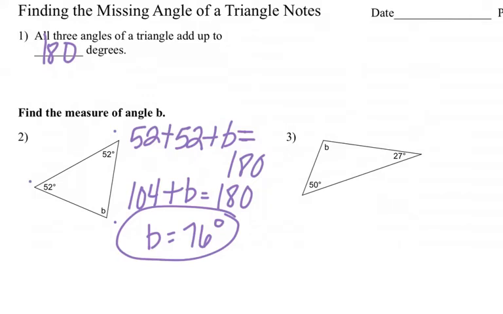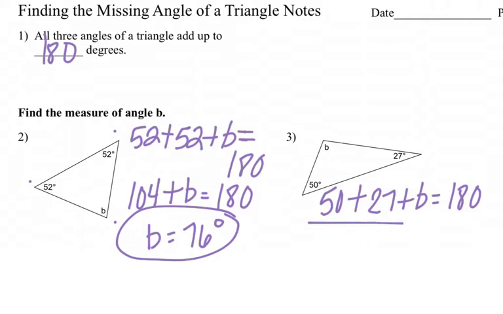Now, look at number three. So the same thing. We have all three angles that would add up to what? 180. Good. So now we just add the two that we have. 50 plus 27 is 77 plus B is 180. So now we have to look at it and say, okay, so 77 plus what is 180?